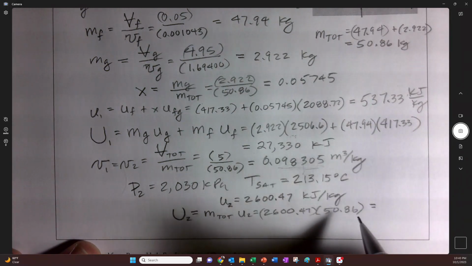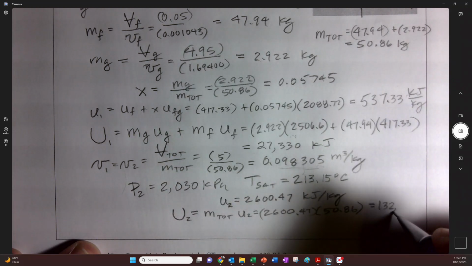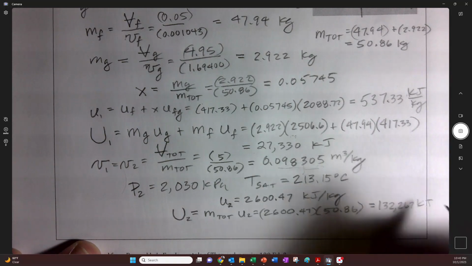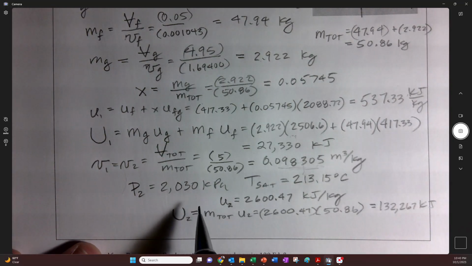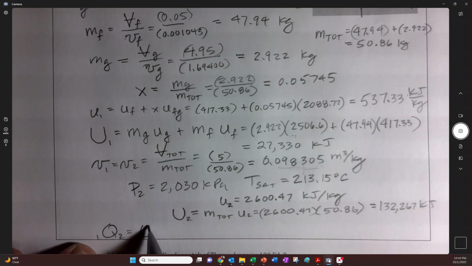And I'm going to put that down here, and I say it's 132,267. These are kilojoules. And then back up at the top, we said that Q1 to 2 is going to be equal to U2 minus U1.